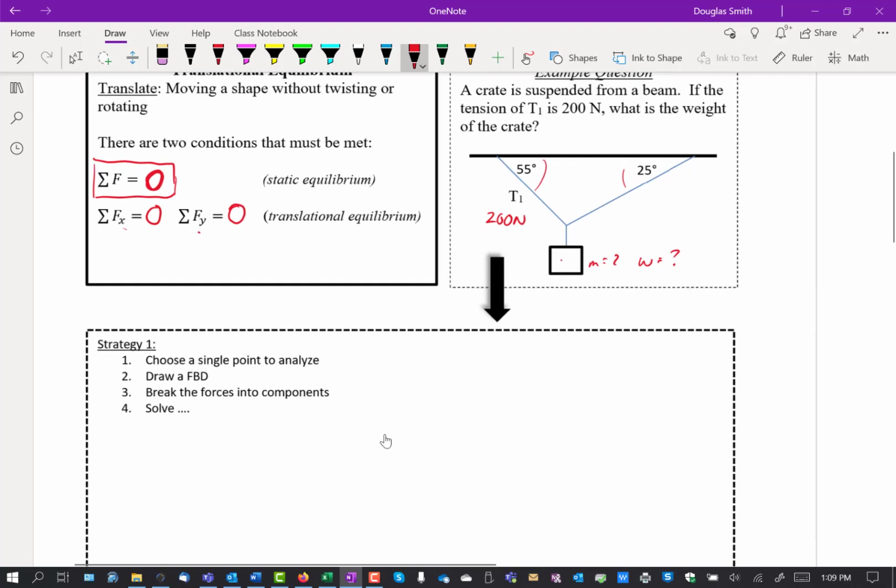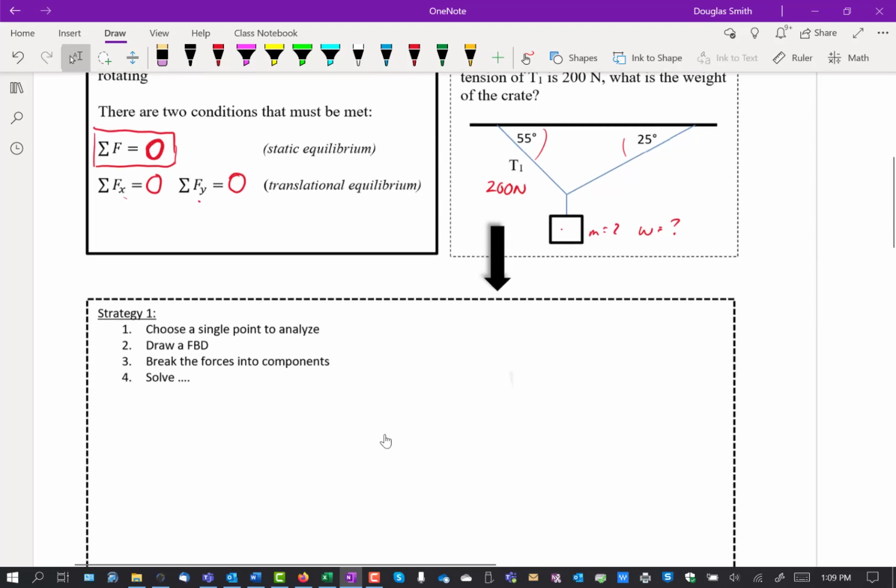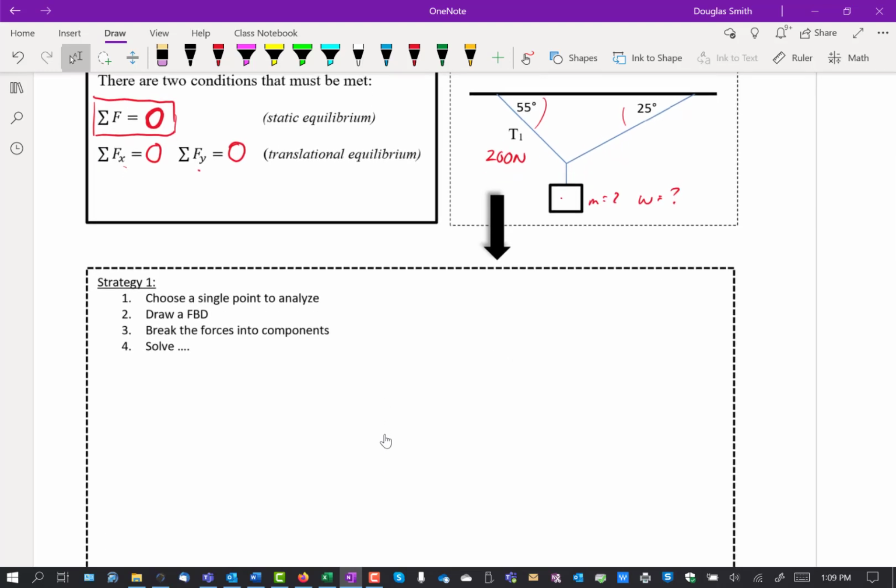I'm going to go through one strategy on how to solve this kind of problem, and it's centered around the idea of using vectors and components. The strategy says we're going to choose one point to analyze, draw a force diagram, and then use force components. So I'm going to analyze this point right here, which is essentially where all the forces converge.